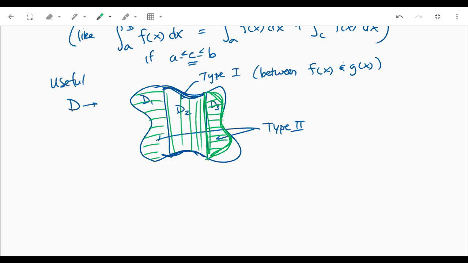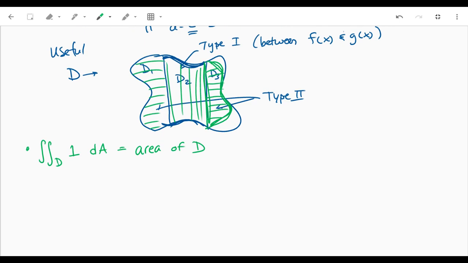Okay, there's another one that will actually come in handy later. The integral over a region of your constant function 1, dA, gives you the area of D. Which is kind of interesting if you think about it. If you think about your region D, I'm trying to draw this in 3 dimensions.